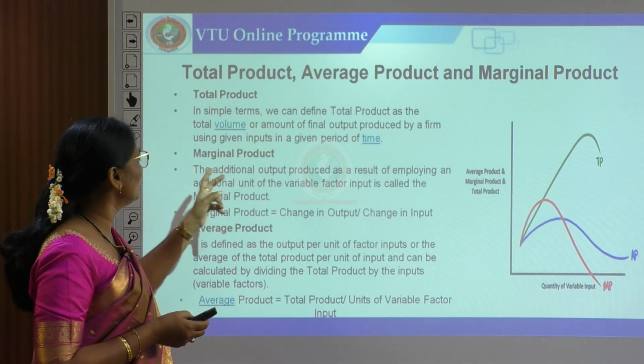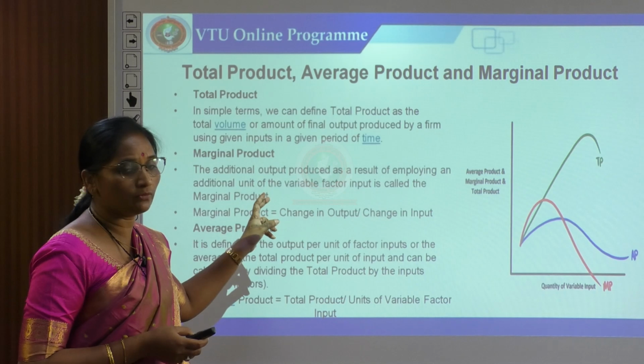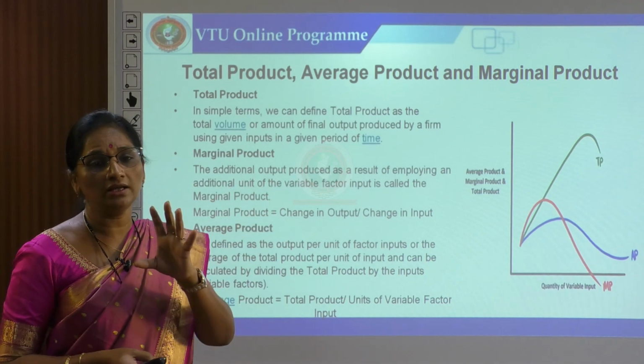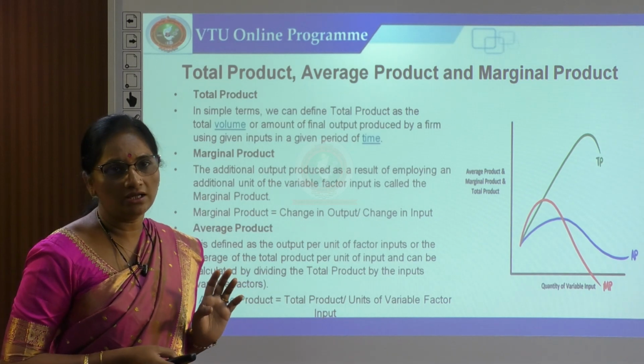And then we need to understand marginal product. What is marginal product? Marginal product is nothing but the additional output due to the additional inputs which we use in the production.